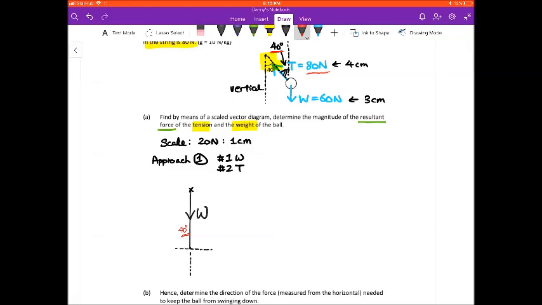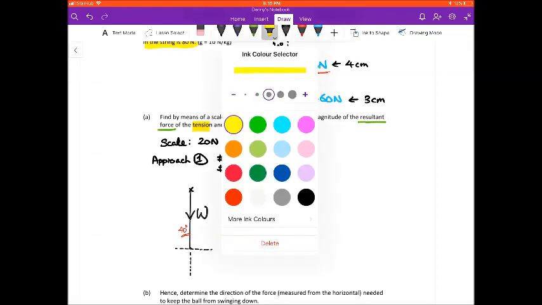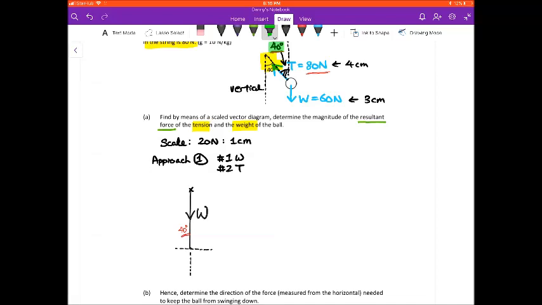Can you see this part? Let's use green. I want to do this 40 degrees. So I will put my protractor on my iPad and I will draw 40: 0, 10, 20, 30, 40. 40 is here. Then I will take away my protractor and draw this line here.